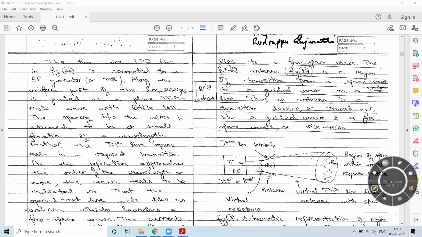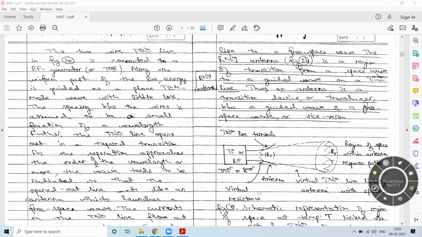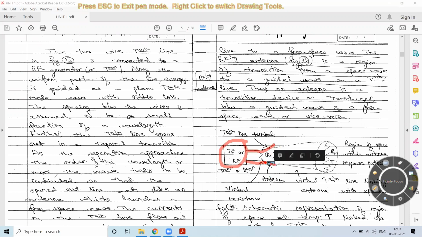Now, apart from this, we have another concept which we call radiation resistance. In this case, we have a transmitter, we have a transmission line, and we have the tapering end, which is actually the antenna.